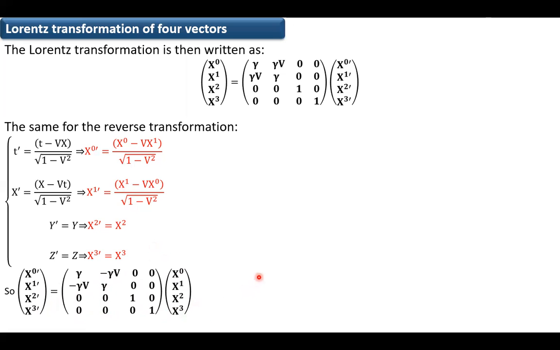So these two forms are the matrix notation of the Lorentz transformation.